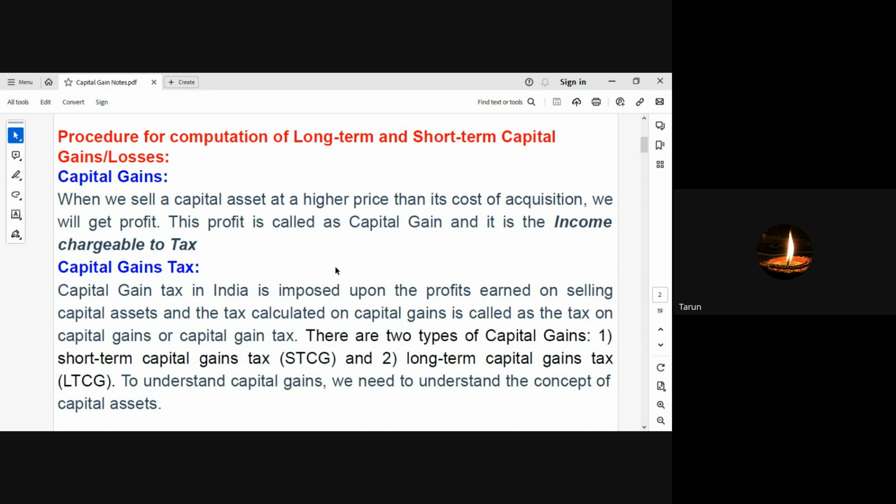While calculating the income chargeable to tax, you need to understand there are two types of capital gains: the short term capital gain tax and the long term capital gain tax. So let's begin with the exact meanings of these two terms.